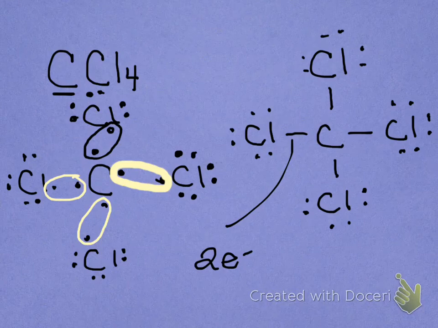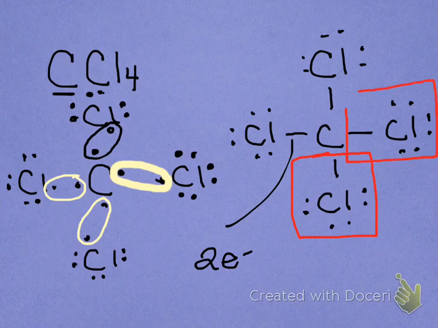So now think about it. Every atom wants 8 valence electrons, right? So if you look, you can see that this chlorine, if it counts those 2 electrons in that bond, has 2, 4, 6, 8 valence electrons. This chlorine, 2, 4, 6, 8 valence electrons.